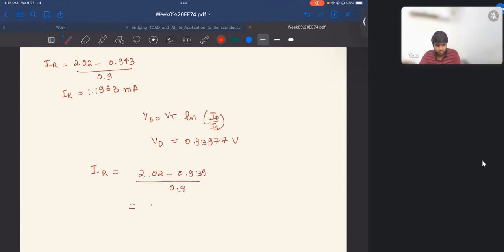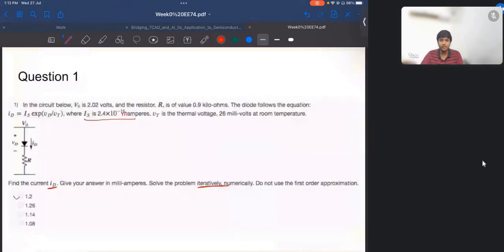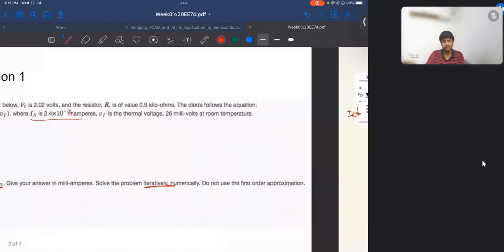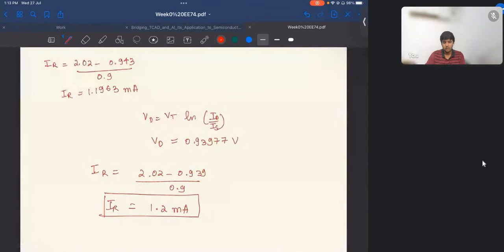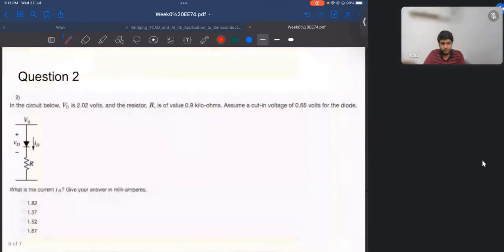We will get 1.2 milliampere, and this is the final answer. So the answer is 1.2 milliampere. In this way, we solve this iteratively. So we will go to the next question.